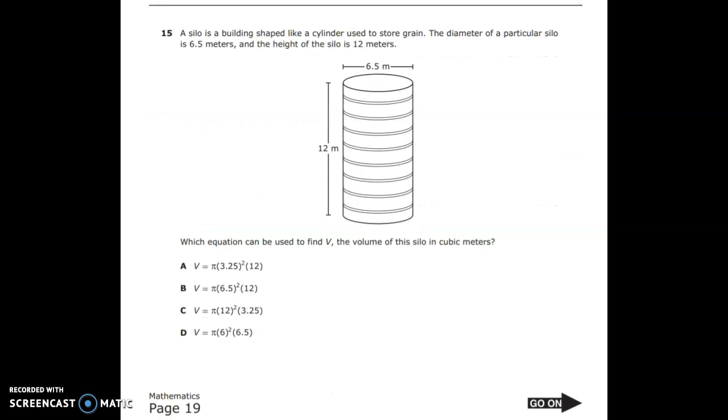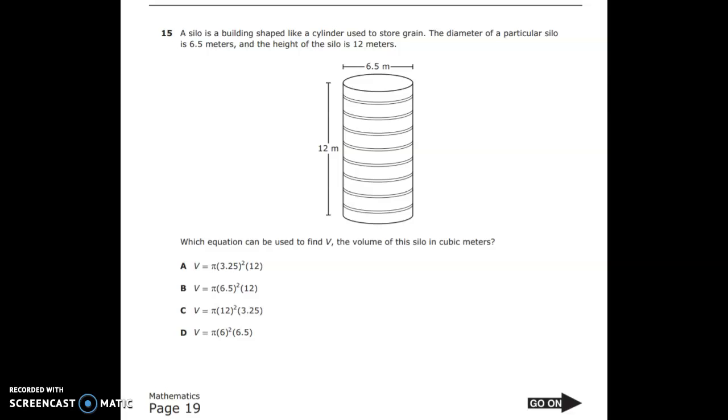Number 15. A silo is a building shaped like a cylinder used to store grain. The diameter of a particular silo is 6.5 meters, and the height of the silo is 12 meters. Which equation can be used to find V, the volume of this silo in cubic meters?